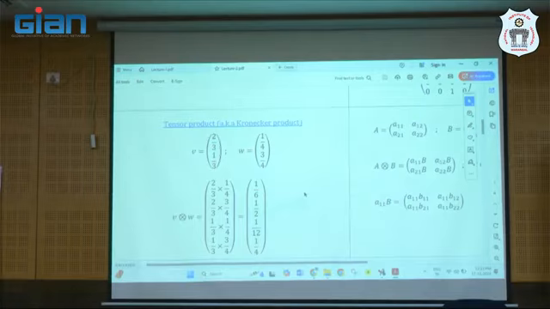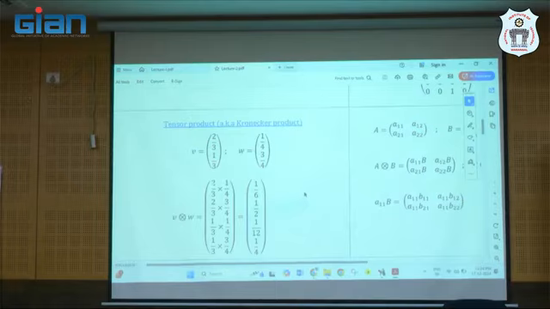Sorry, this is not normalized, but I am just describing what is a tensor product of two vectors. In fact, they are L1 normalized. So now suppose I have V and W like that.